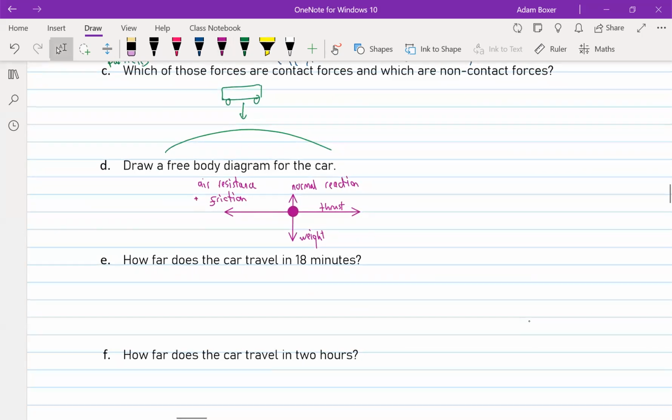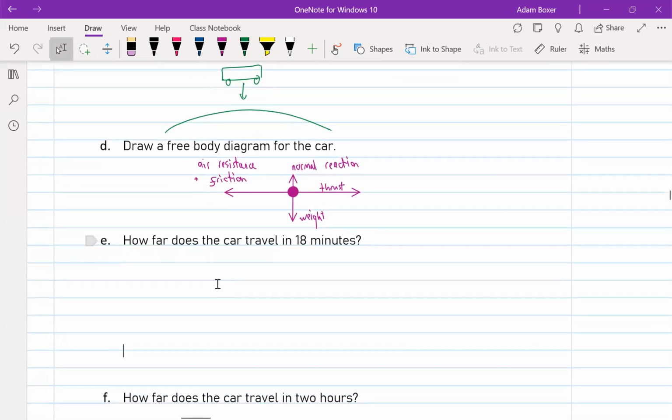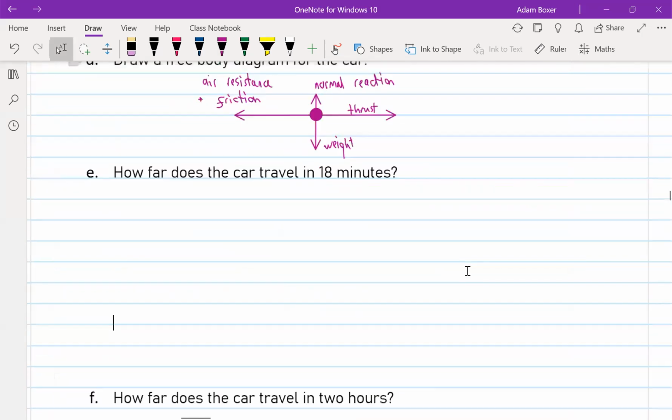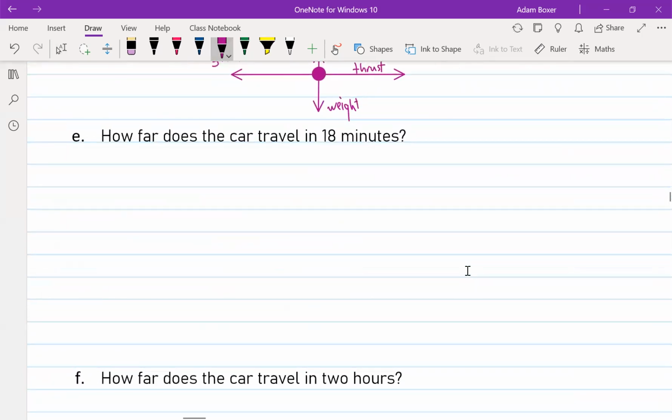How far does the car travel in 8 minutes? Now for this, we're going to have to use the equation. It gives us a speed, which is 12 meters per second, and it gives us a time. So let's get cracking. If you didn't realize this was an equation question, guess what? Pause the video, do it now. So my speed was, what did it say? I've forgotten it already.